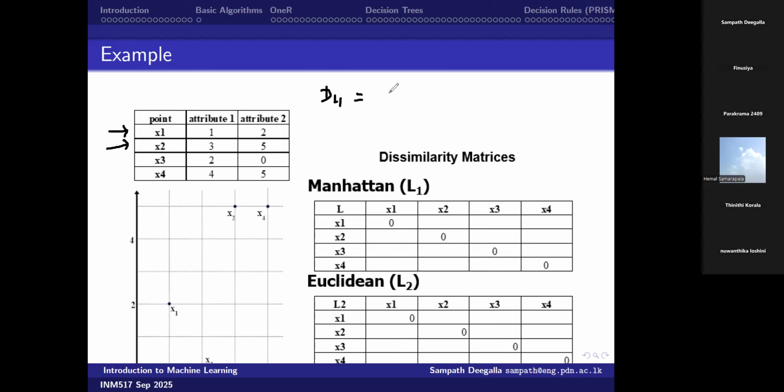You get the differences: the absolute value of 1 minus 3, plus 2 minus 5, which is equal to 2 plus 3. So the distance is 5. Likewise, you can fill in the table.